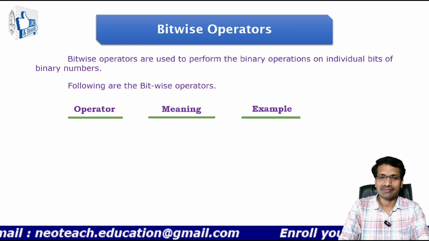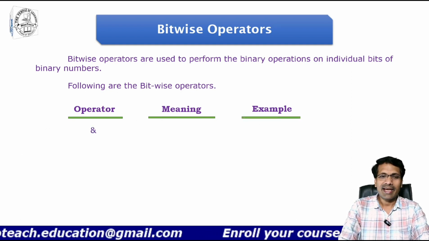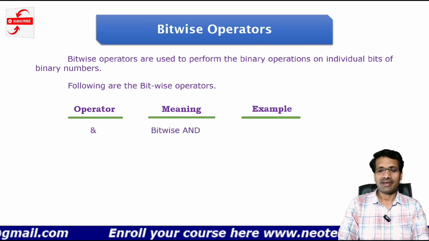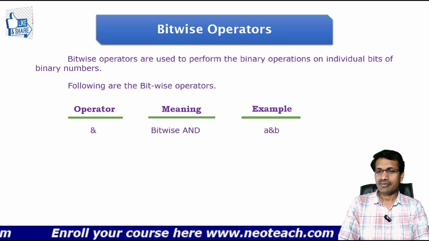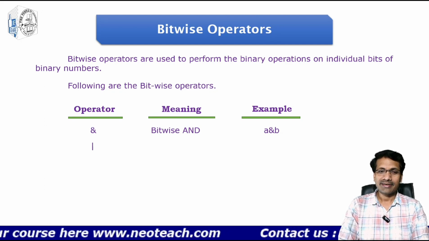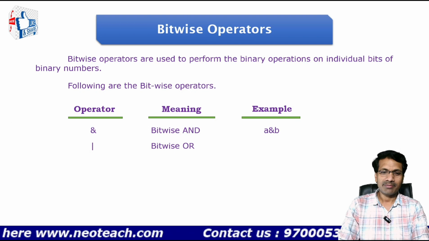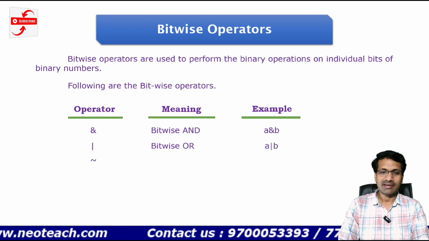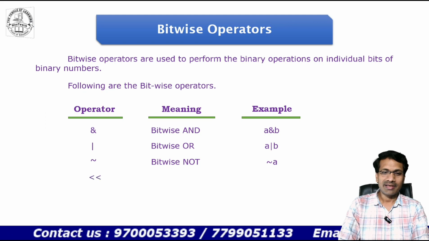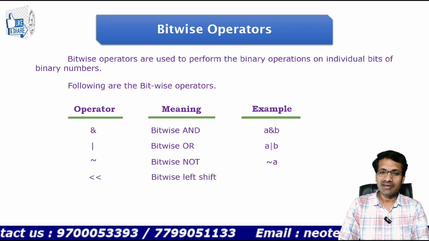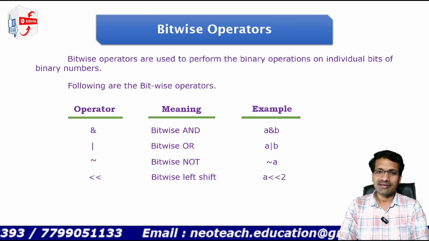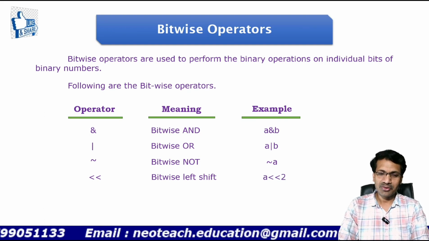The first one is AND, which we call the bitwise AND operation, with an example like A & B. Next is OR, the bitwise OR operation, and the bitwise NOT operation, followed by the left shift operation, bitwise left shift, with the example A left shift 2.